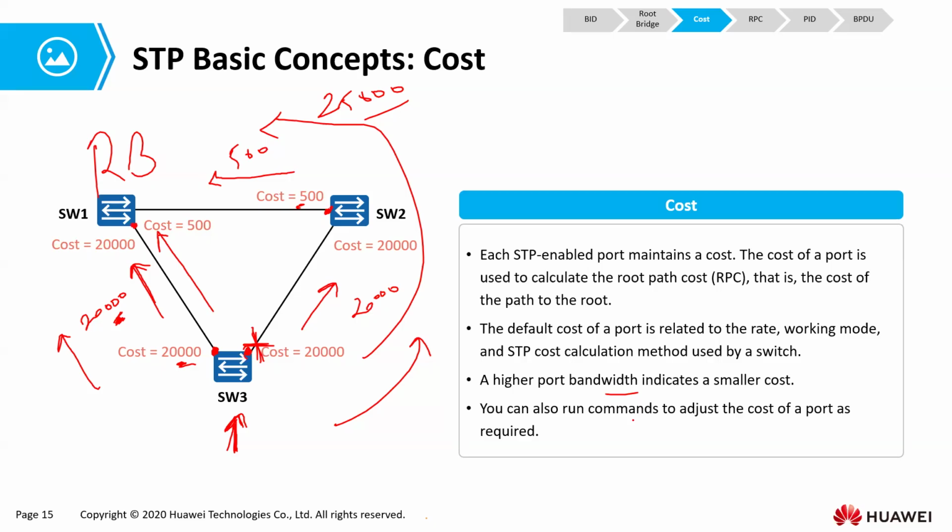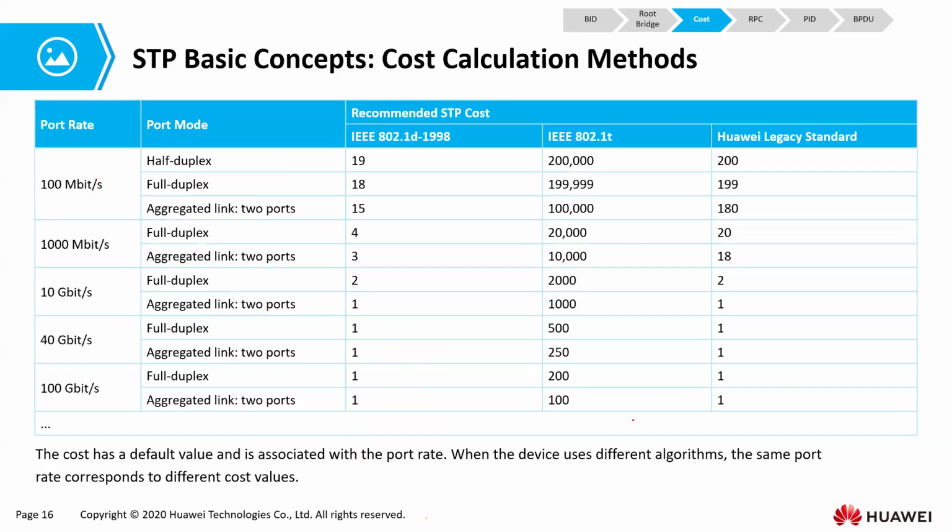The higher the bandwidth, the lower the cost. The lower the cost, the more preferred the link is. So basically, it's the same concept here. We have port cost, we have root path cost. That's a summary of some of the costs that we have.